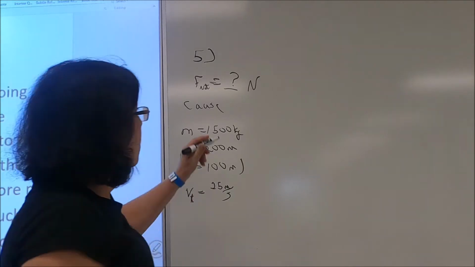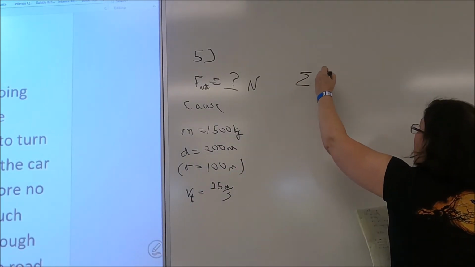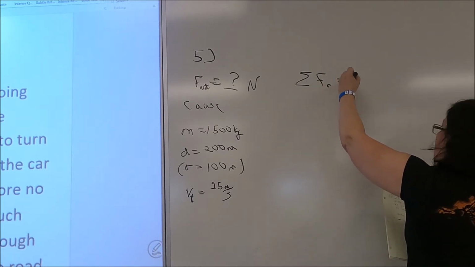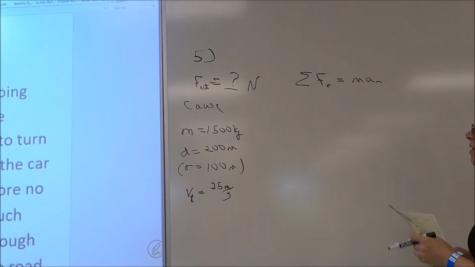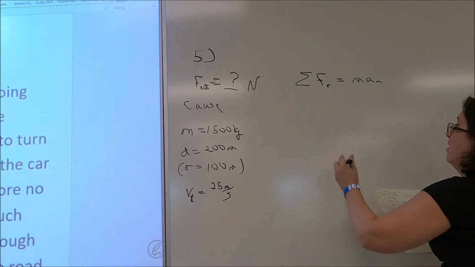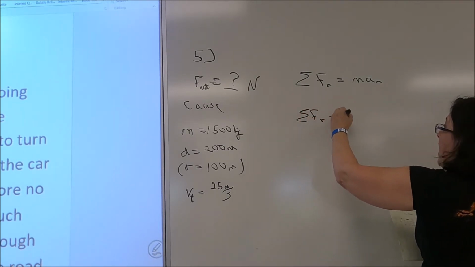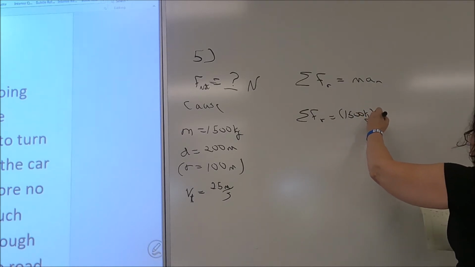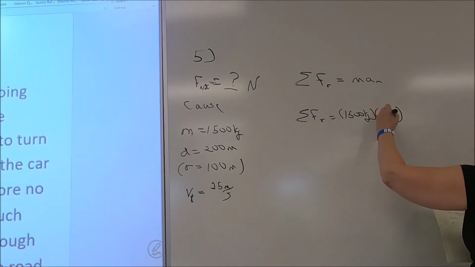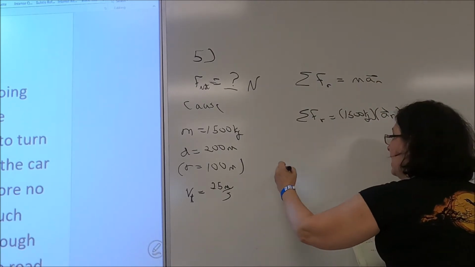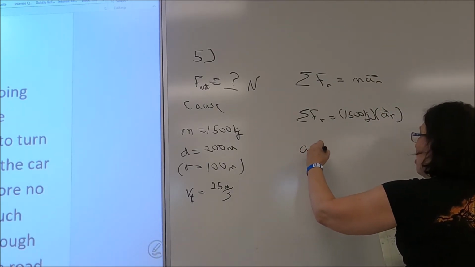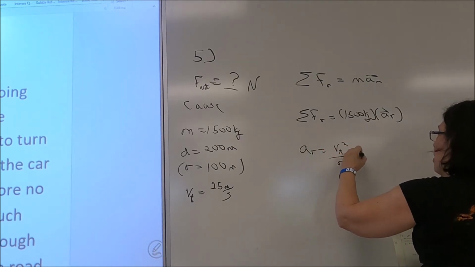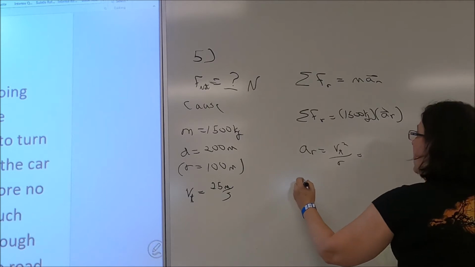Now, when this is going around a circular pathway, we know that the sum of the forces radially has to equal mass times the acceleration radially. Let's find the sum of the forces radially. That would have to equal the mass, which is 1,500 kilograms, times a sub r. Now, a sub r is going to equal v sub t squared over r, so I'm going to substitute that in.